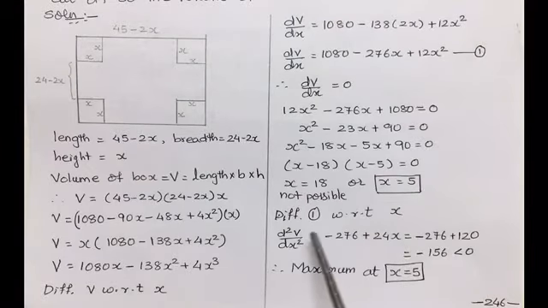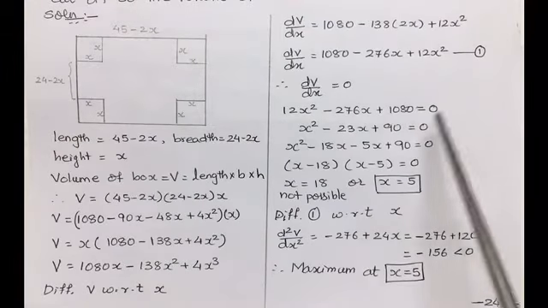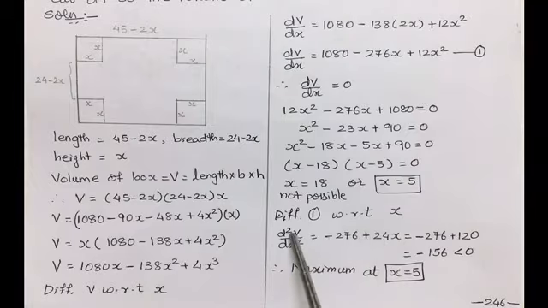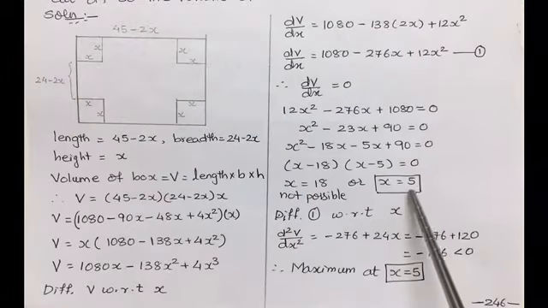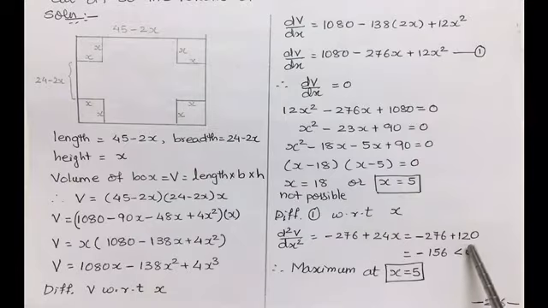Now to find whether it is maximum or not, we'll differentiate 1 with respect to x for the second derivative. So we get it as minus 276 plus 24x. Keeping the value of x as 5, we get minus 276 plus 120. Subtracting both, we get the answer as minus 156.